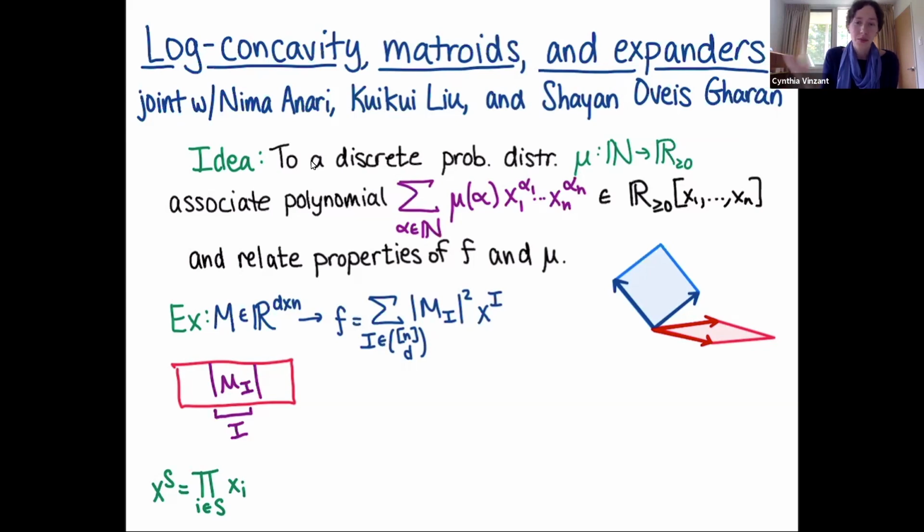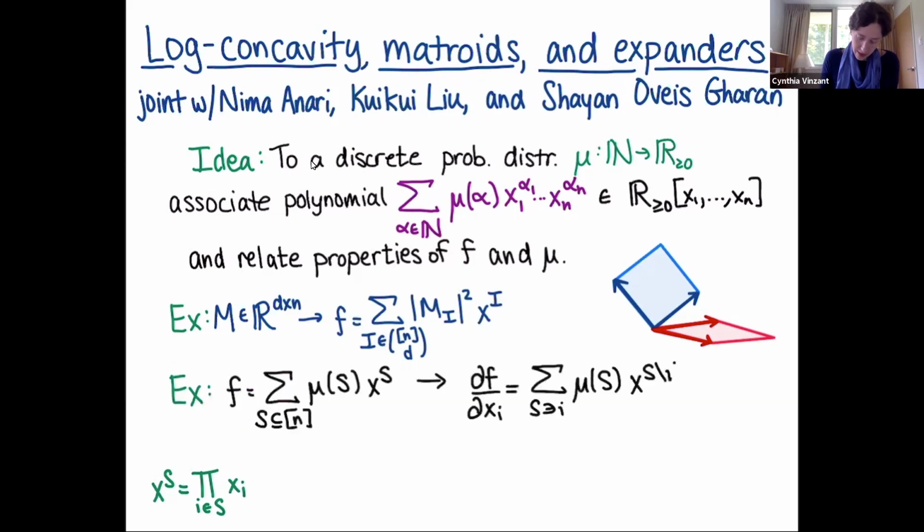Another reason to like this setup of associating polynomials and distributions is that one has lots of operations that naturally occur on both sides. So for example, if I took again a polynomial with square-free monomials, so whose monomials just correspond to subsets of 1 through n, and then I took its derivative with respect to some variable, then what happens?